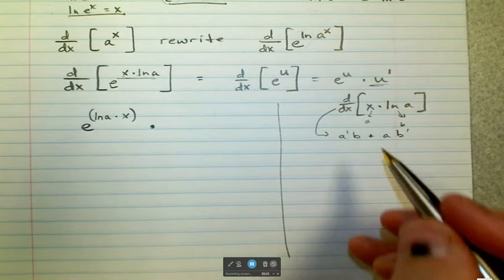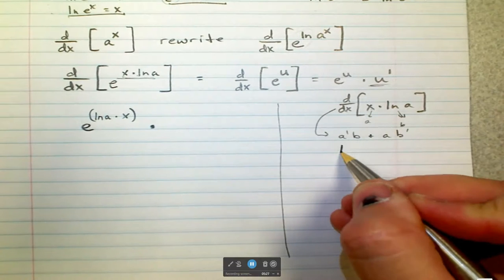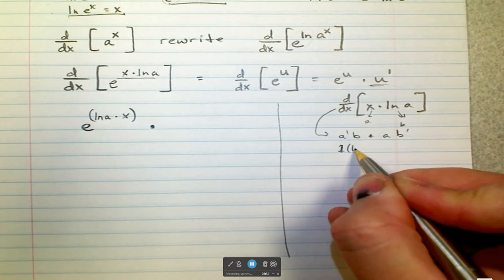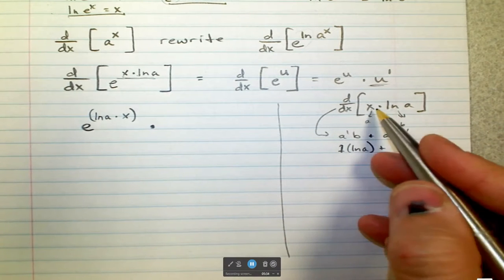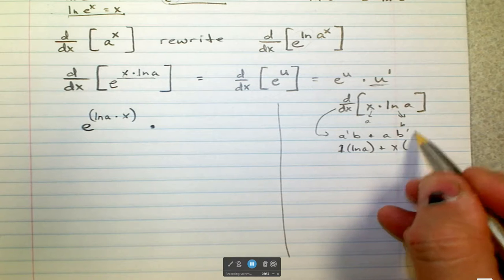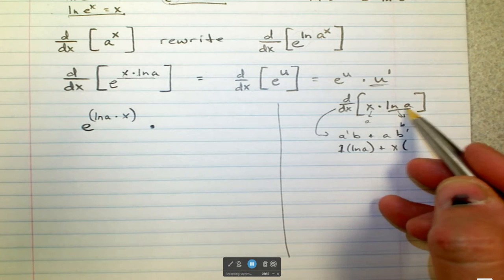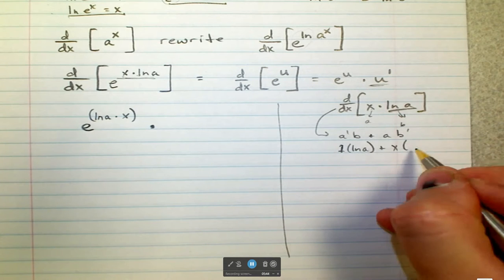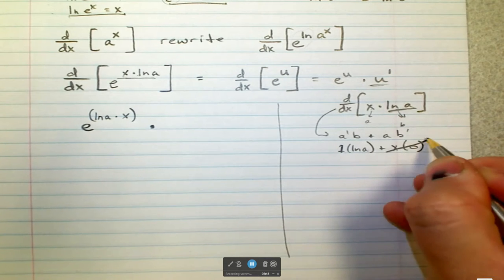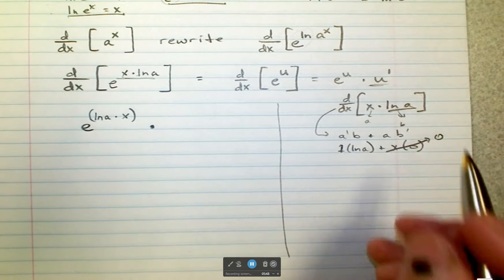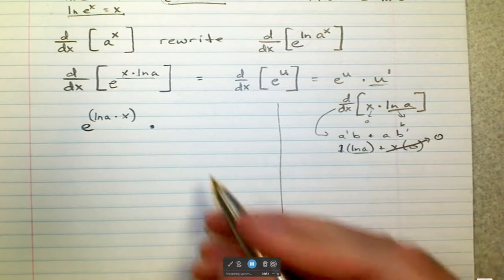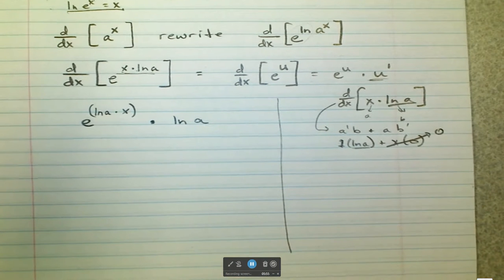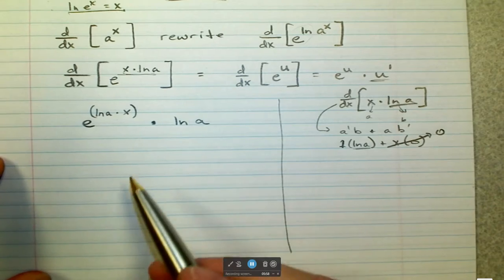So the derivative of x is 1 times ln a plus x times b prime. Now, natural log of a number is a constant. The derivative of a constant is 0. So this u prime is just ln a.